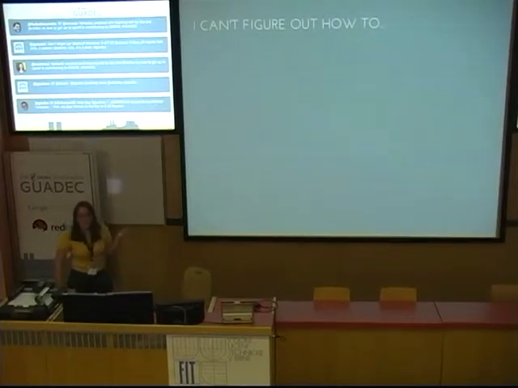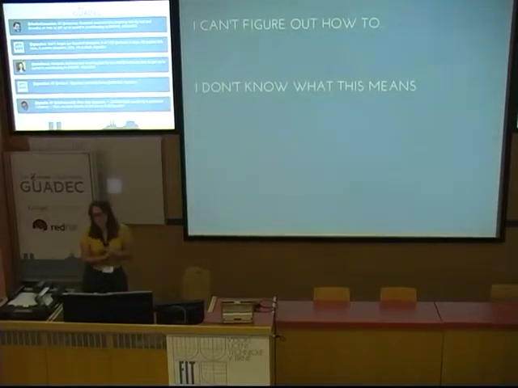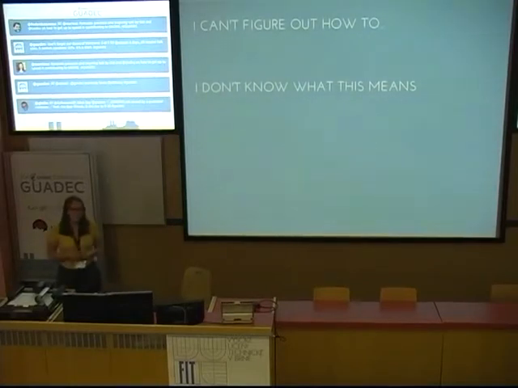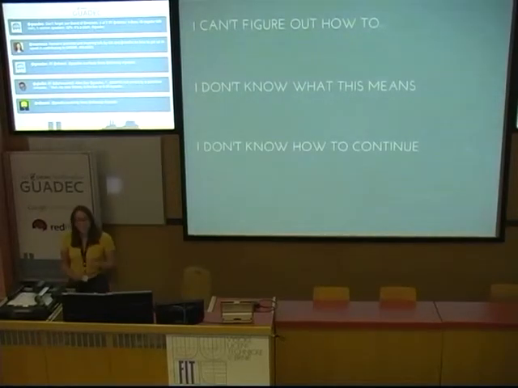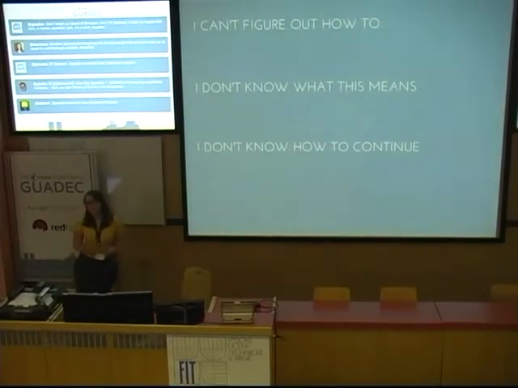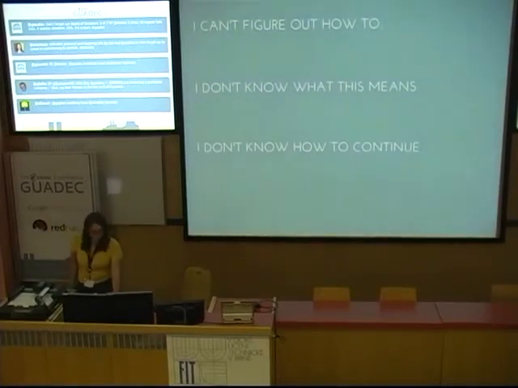If someone cannot figure out how to do something, and they just are not able to do it, is this really a minor issue? If someone does not understand what the system is telling them, they get this message, this dialogue, and they have no idea what to do and how to recover from a certain error, is this really a minor issue? If someone does not know how to continue a task or end a task, is this, again, a minor issue?